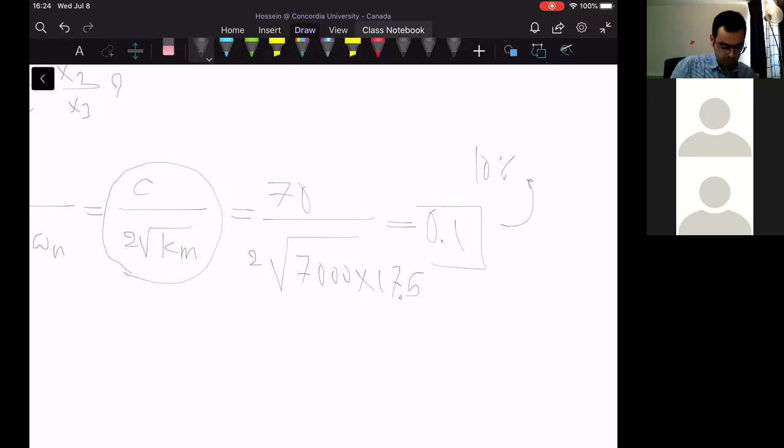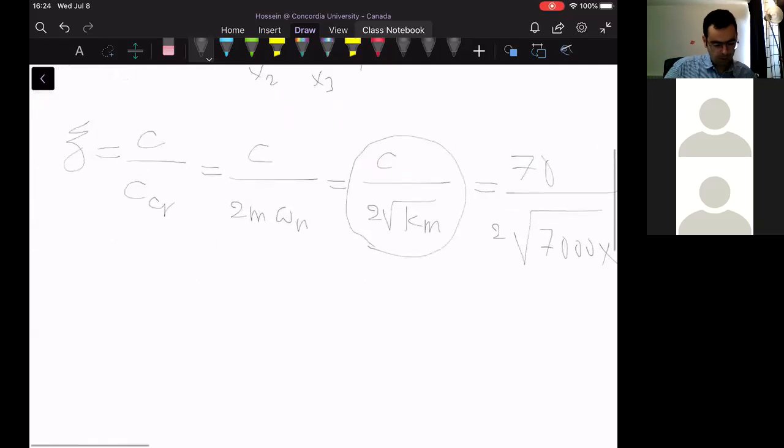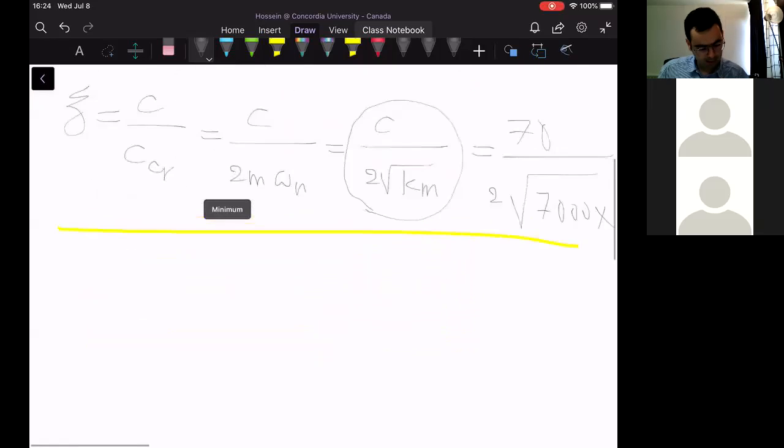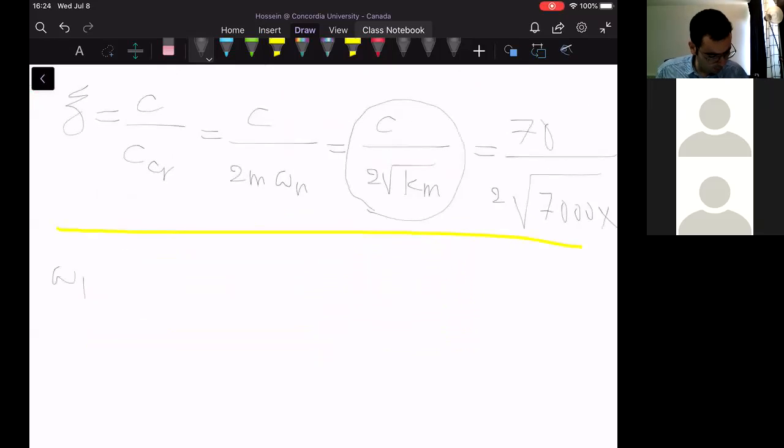So we are done with the first part A, and for B, we have to calculate the damped natural frequency. The damped natural frequency is omega n, the natural frequency, multiplied by the square root of 1 minus zeta squared. Omega n itself is the square root of k over m. We already obtained k, 7,000 Newton per meter, divided by the mass, which is given as 17.5.